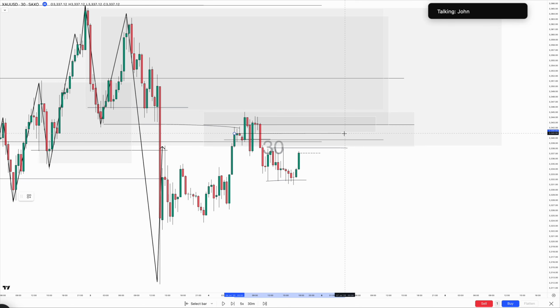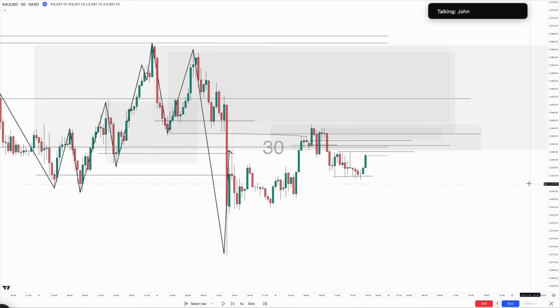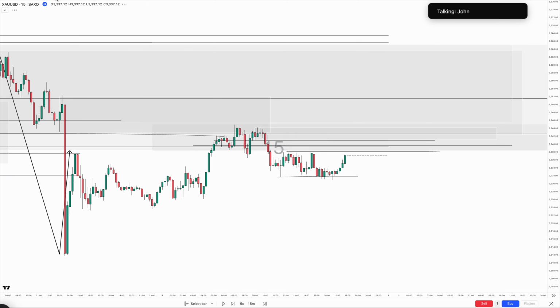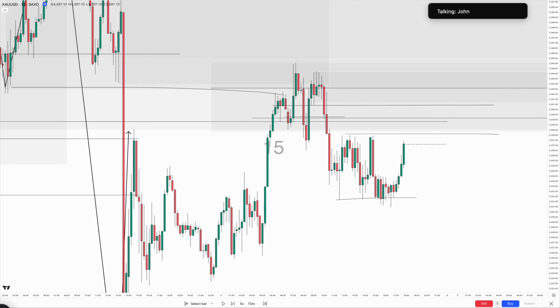So if you want to pick an entry at this point, remember what else you have that can be a pointer to why you should pick a sell here and not where we were originally looking. You see this is an EFG setup right here, a 3 candle type EFG setup, right? And then if we proceed to go lower, the whole idea of the trade starts to make a lot more sense.